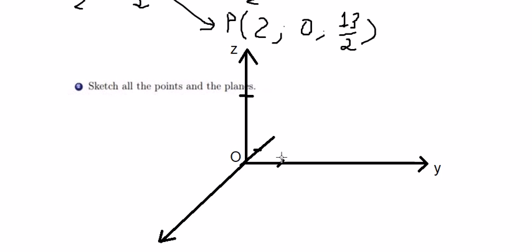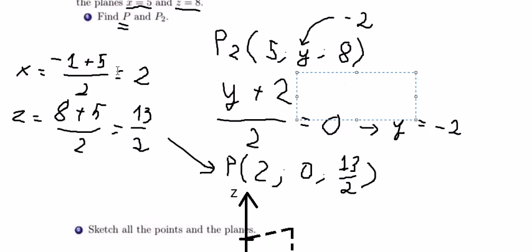So the ball we need to find should be somewhere in here. So that's what we call the point P1.